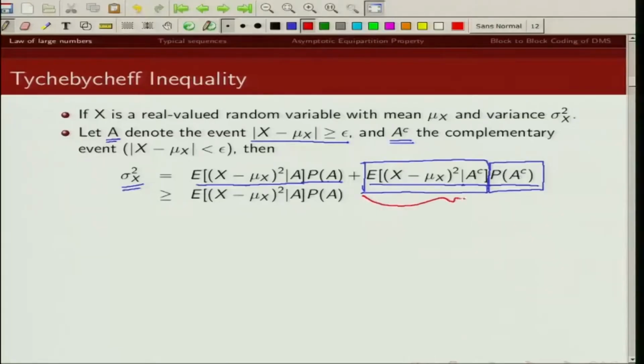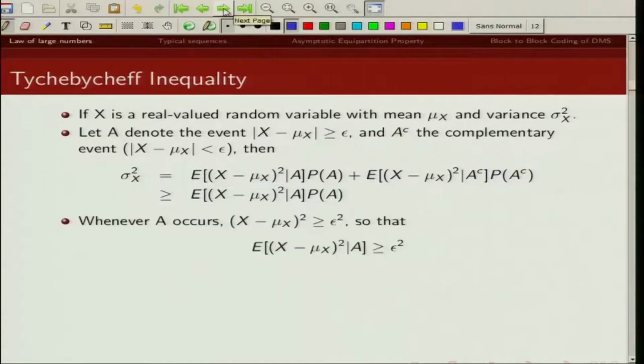So this whole term is greater than or equal to 0. Then we can write that sigma square is greater than or equal to the first term, because the second term here is non-negative.